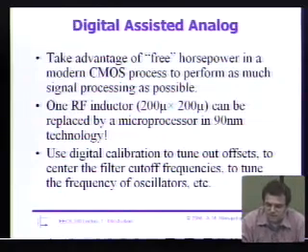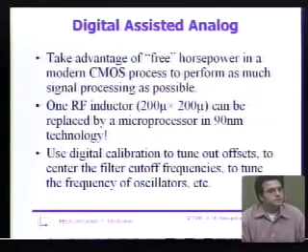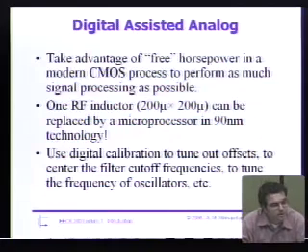The reason it's increasingly important to be adept at digital design, even as an analog designer, is that you better take advantage of these so-called free transistors. You've got this 90 nanometer process, you put down an inductor, and let's say the area is 200 microns by 200 microns.